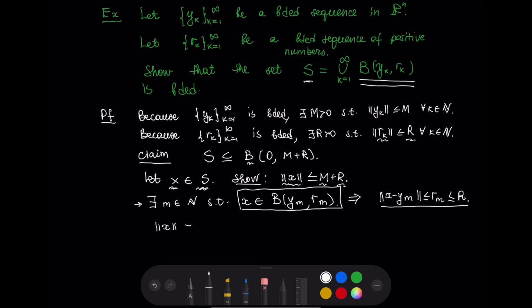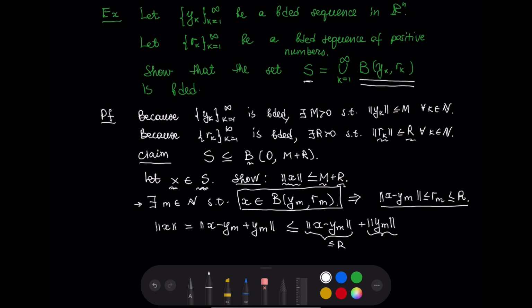So what we are going to do is write the norm of x as the norm of x minus ym plus ym. And then we are going to use the triangle inequality. So this is less than or equal to the norm of x minus ym plus the norm of ym.